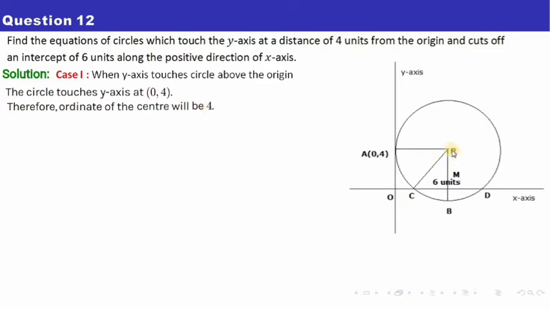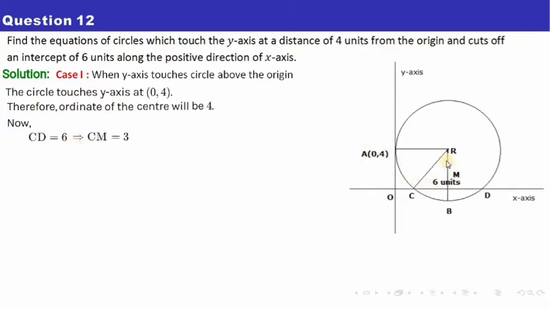That is, if the center is h comma k, then the value of k is 4, because k is nothing but this height. As I said earlier, CD is 6, so CM will be 3.